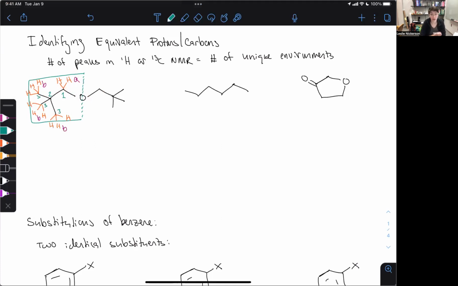When we're finding the equivalent ones, it's important to keep in mind that this carbon over here is the same as carbon number 1. This carbon is the same as carbon 2. And then these are all the same as carbon 3. So this molecule, all in all, is going to have 3 carbon peaks, and it's going to have 2 proton peaks.